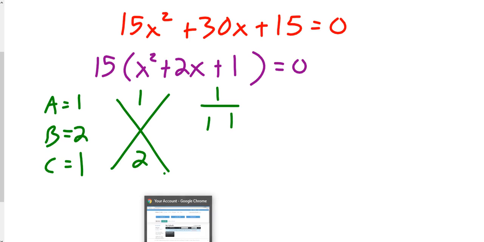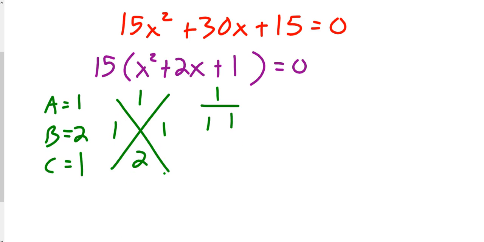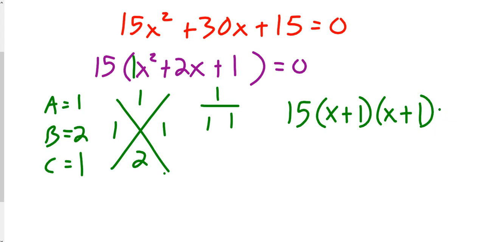The only way to get 2 out of that is a positive 1 and a positive 1. And since your A in this case, inside my parenthesis, is a 1, I can do my cheating. So in the end, this thing factors out to 15 on the outside, x plus 1, x plus 1 equal to 0.